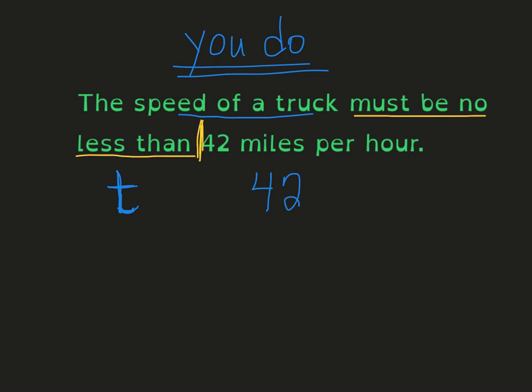You can't go beyond 42. But ask yourself, can it be 42? It just says that the speed can be no less than 42, but can it be 42? Yes. And anything higher, obviously, within reason. If you go too fast, you're going to get caught. So T must be greater than or equal to 42 because it includes 42.